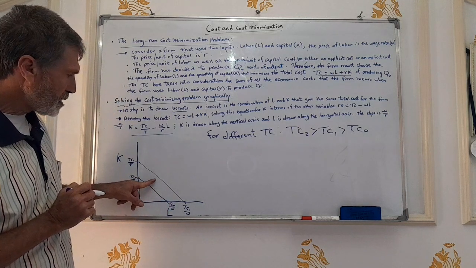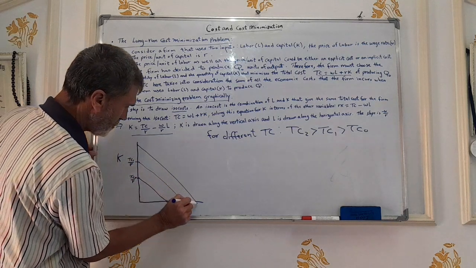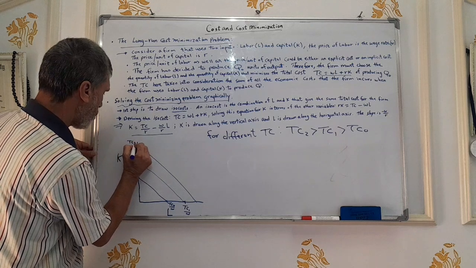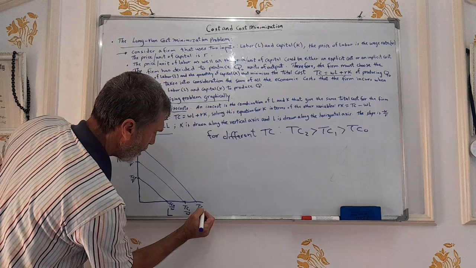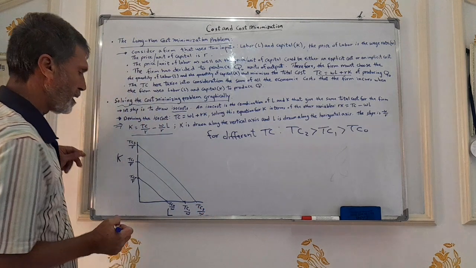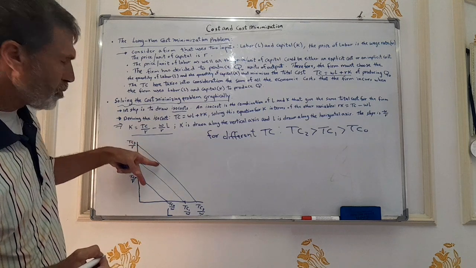First isocost, second isocost, the same thing for the third one: TC3 over R and TC3 over W. So then what we do here, we draw three isocosts.